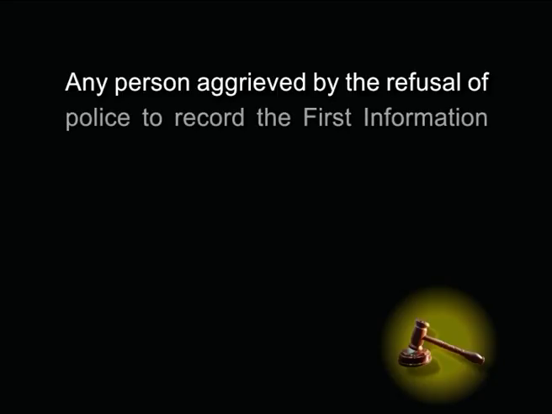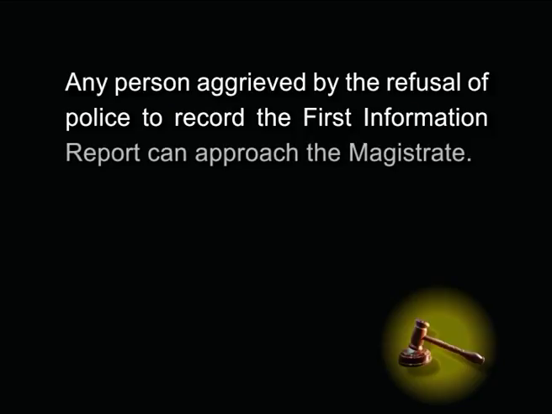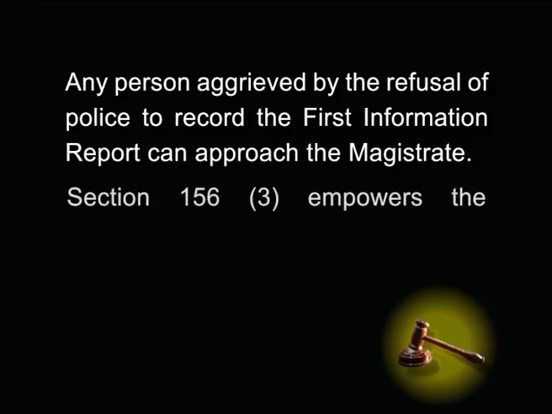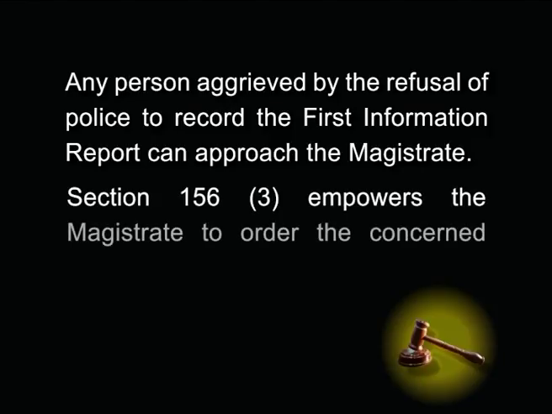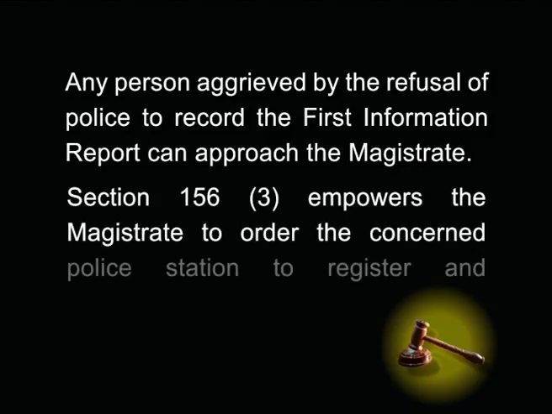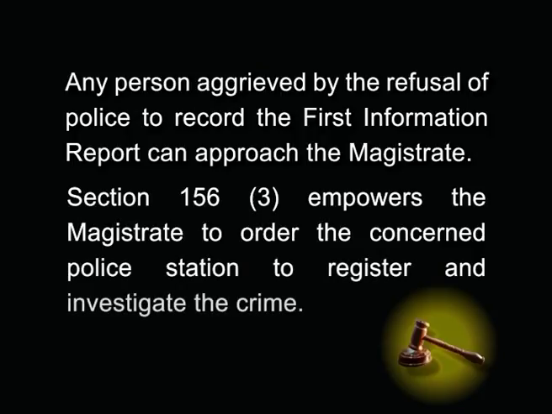Now, any person aggrieved by the refusal of police to record the first information report can approach the magistrate. Section 156 clause 3 empowers the magistrate to order the concerned police station to register and investigate the crime.